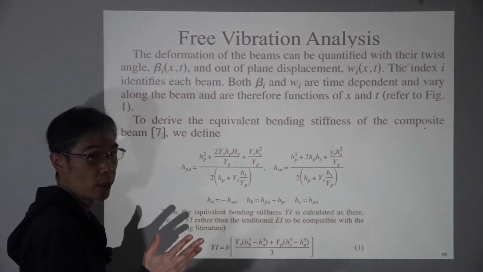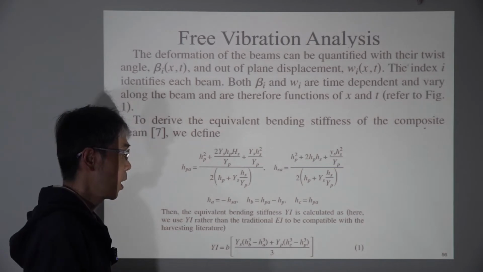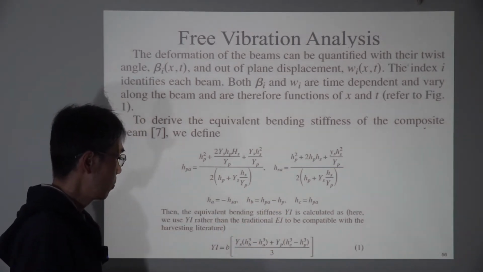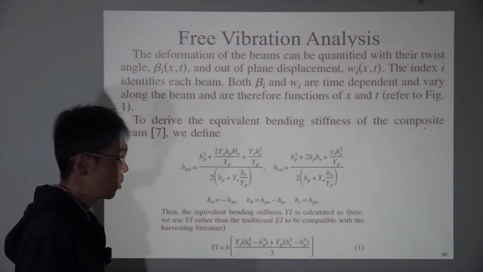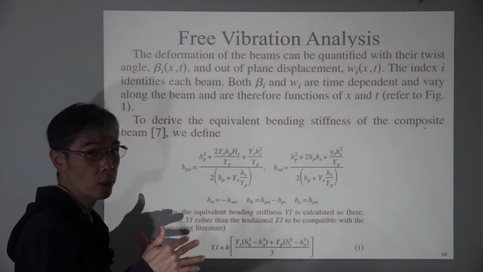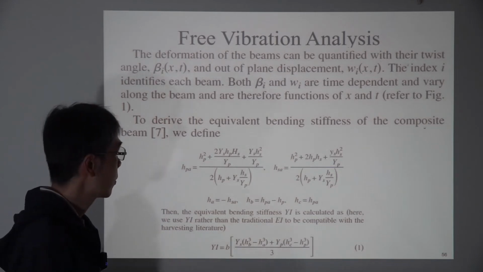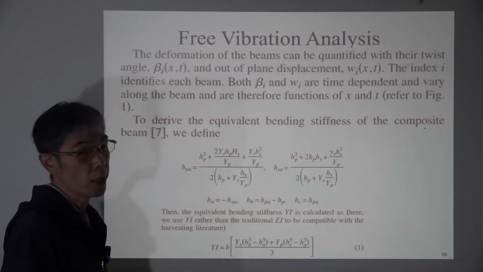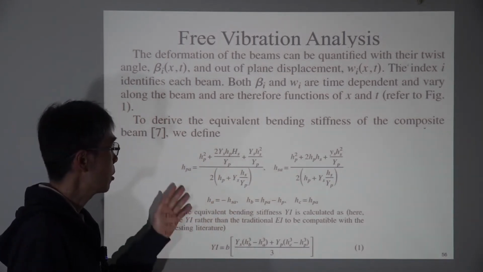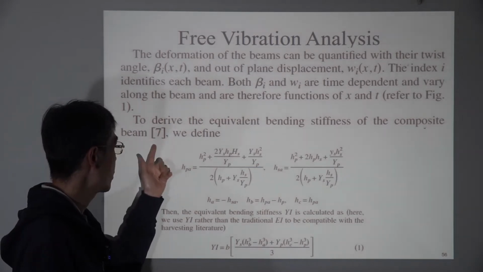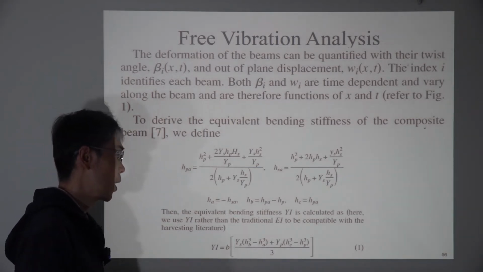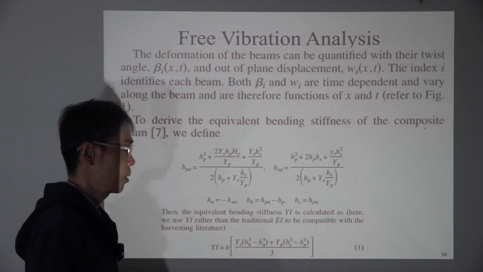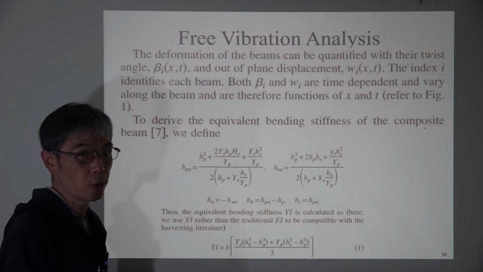Y you can take as the Young's modulus, I is the second moment of inertia. So this is the equivalent bending stiffness because it's a multiple layer structure, a composite structure. And the parameters are listed here. If you are interested, you are encouraged to go to reference number 7 to find out how to derive this expression to simulate the bending behavior of the structure.